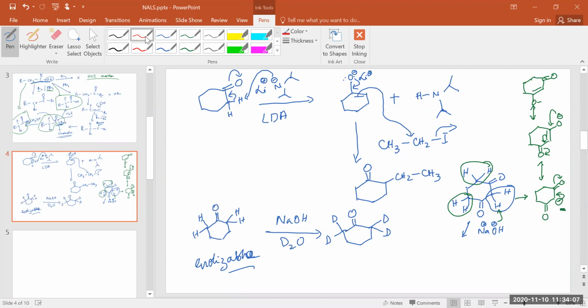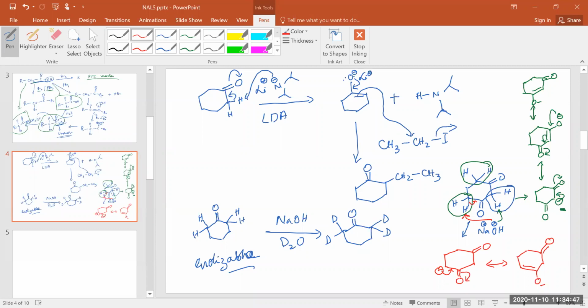Now another situation: suppose it takes this proton and makes this anion. So here you'll have a negative charge on O. This anion can also be resonance stabilized, so you can write a resonating structure. O minus. See the difference.